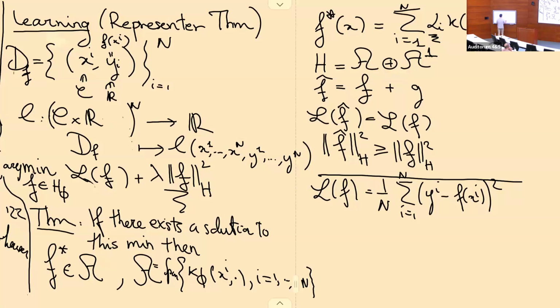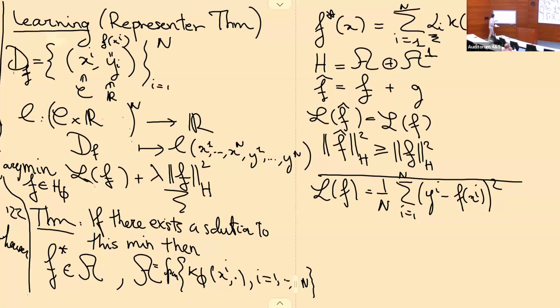And you know that the optimal f looks like this. How do you determine the alpha i? Well, you can do several things. You can run gradient descent, where you have a convex function in this case, so it will converge nicely to the right global minimum.